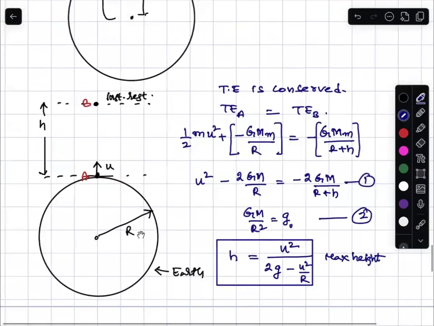And don't use the formula u square by 2g. When I am using u square by 2g in kinematics, my point is h is very, very small when compared to capital R. The radius of the earth is of the order of 6,400 kilometers, whereas the heights which you are discussing is not even 1 kilometer.